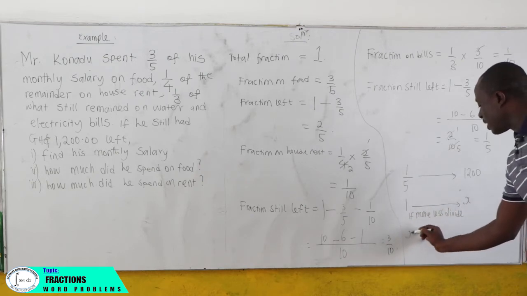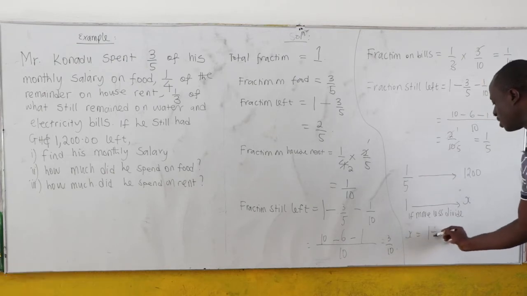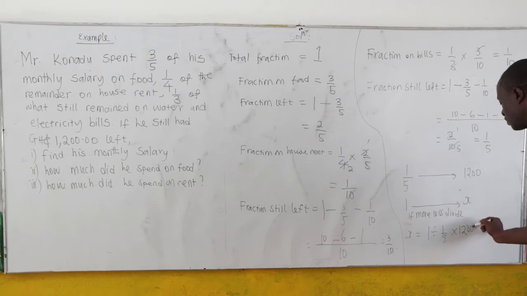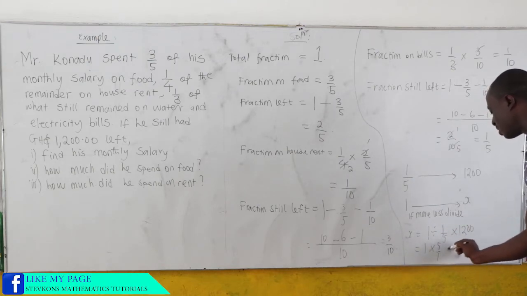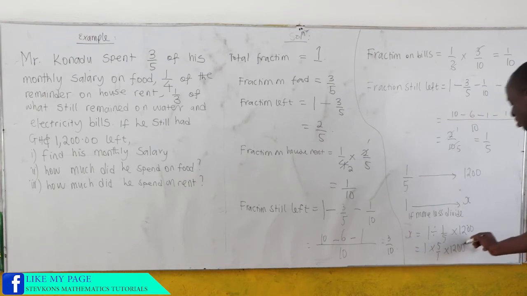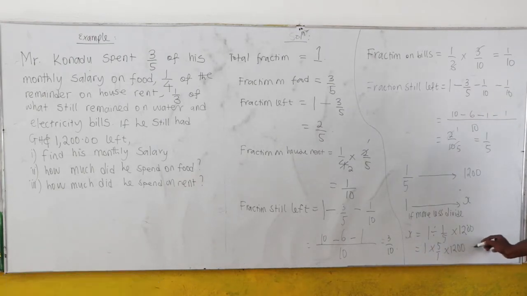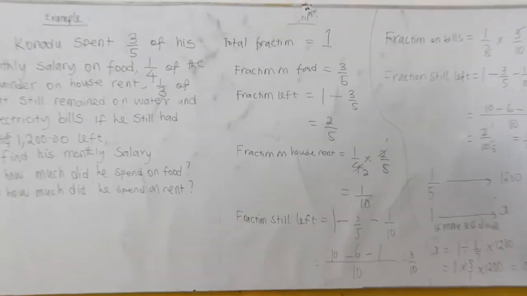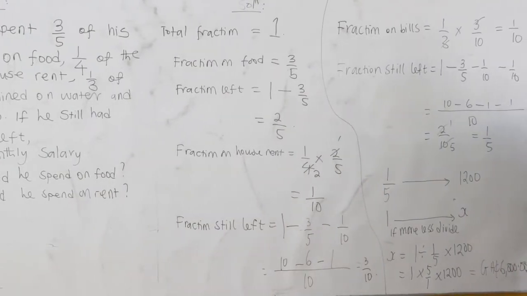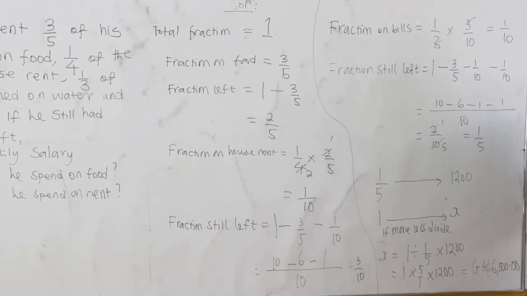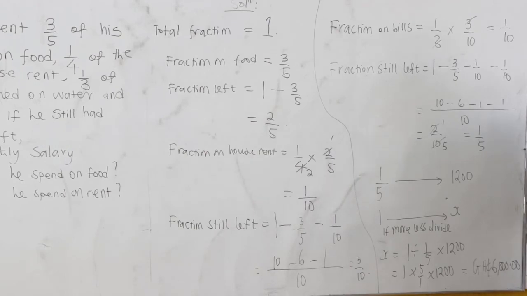So you have our x equal to 1 divided by 1 over 5 times 1,200. So you have 1 times 5 over 1 times 1,200. And this is giving us 6,000. And we shouldn't forget to add .00. Why? Because it is currency.